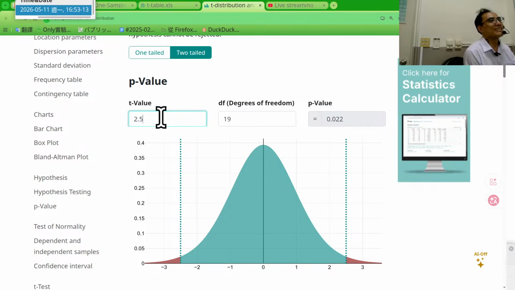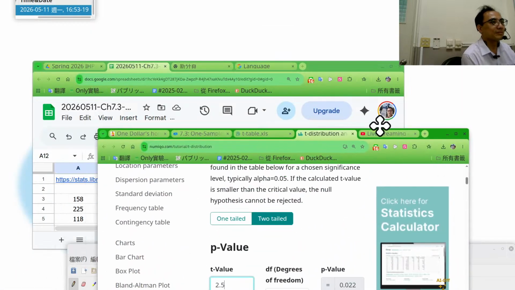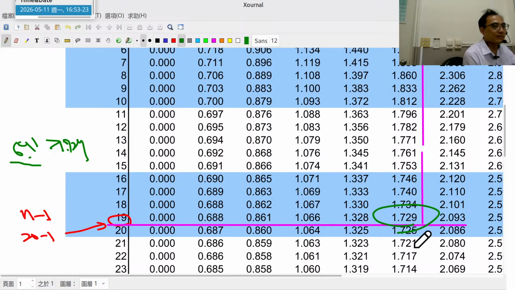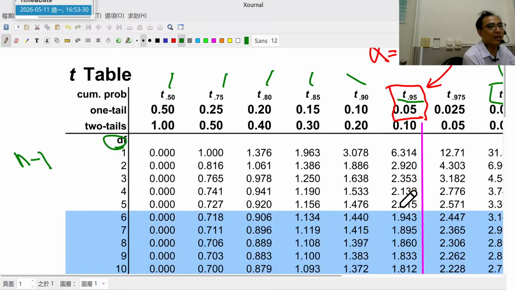The answer is here. If we type 1.729, it should be here.